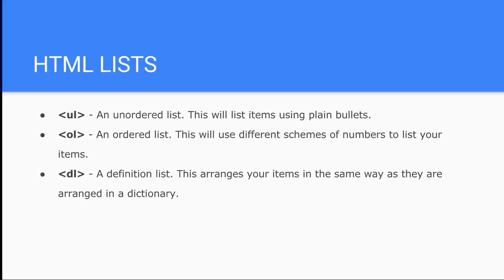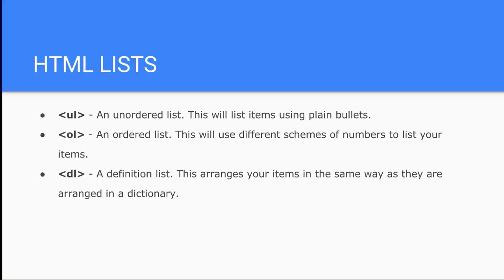OL, an ordered list. This will use different schemes of numbers to list your items. The last one is DL, a definition list. This will arrange your items in the same way as they are arranged in a directory.